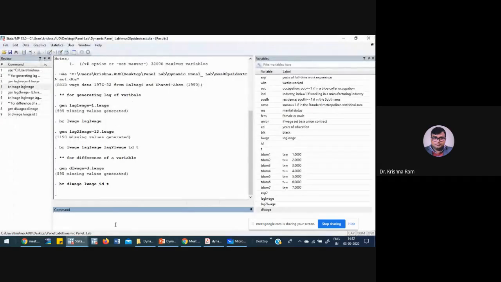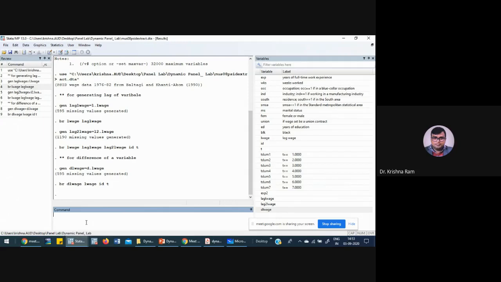So now let's talk about our data set before estimating the regression model. I'm using the data set which has been provided by Cameron and Trivedi. Cameron and Trivedi used this particular data set for explaining the Arellano-Bond estimator.